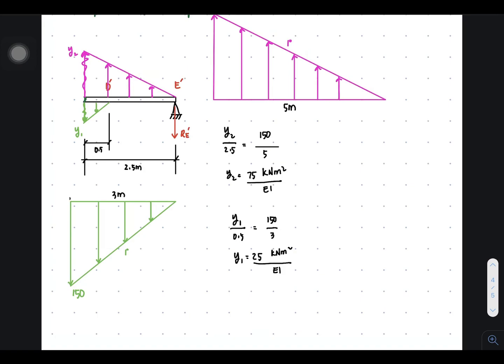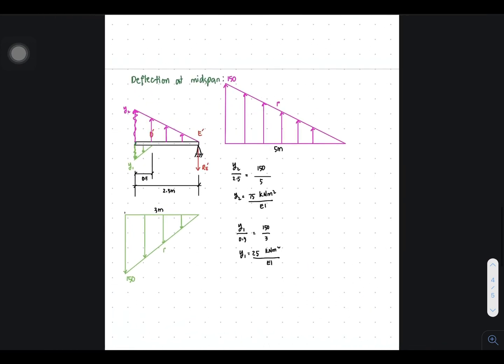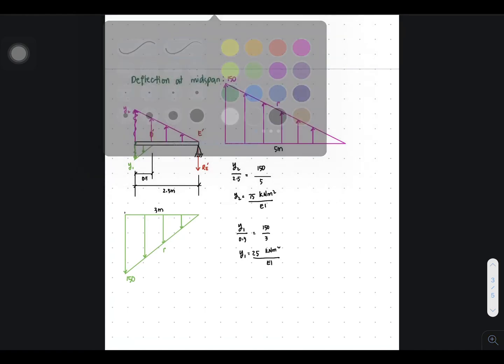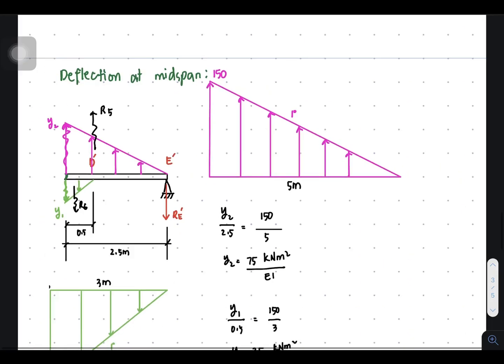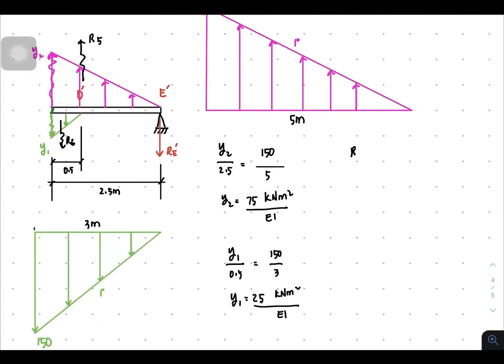Okay, so with that, since the illustrations are now complete, all we are going to do is get the new resultants. So I'll have here the new resultants. I'll call this R5 and here R6. So R5 equal to 1/2 of y2 times 2.5. So that's 1/2 of 75 times 2.5.